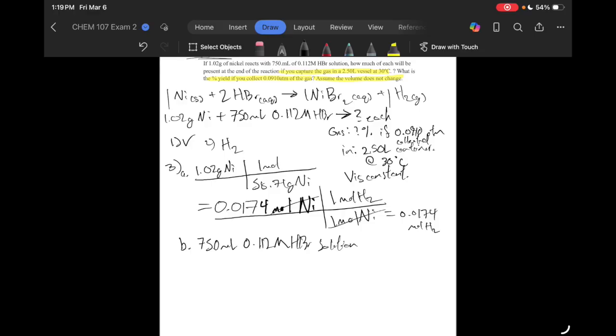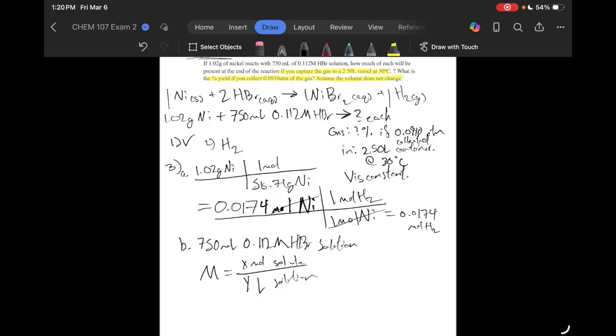If you remember, molarity is really just X moles of solute over Y liters of solution. Let me just double check, because I confuse solvent and solute. Solute is the substance being dissolved, so yes, that was correct.